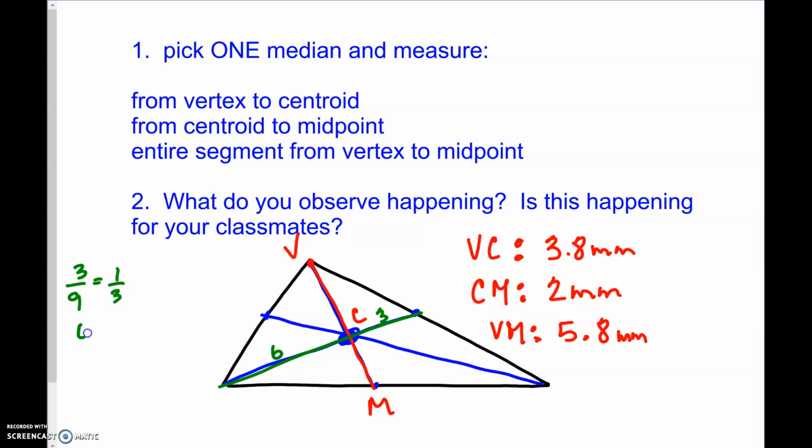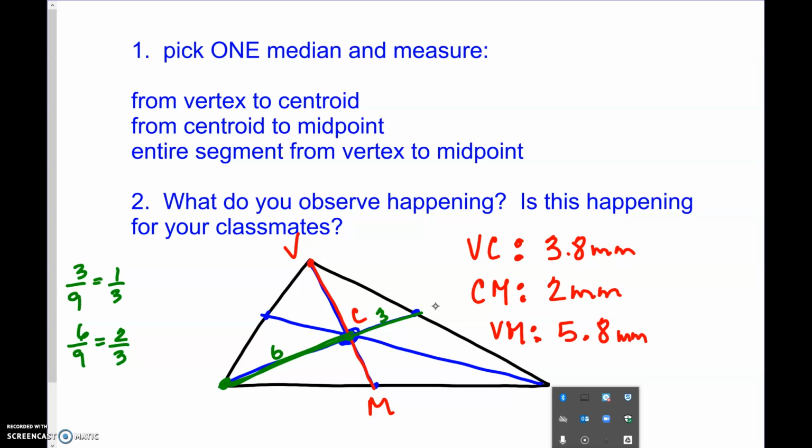If you compare 6 to 9, that is 2/3. So the actual theorem that they say is that the distance from the vertex to the centroid is always 2/3 of the whole distance. And then the centroid to the midpoint is always 1/3 of the whole distance.